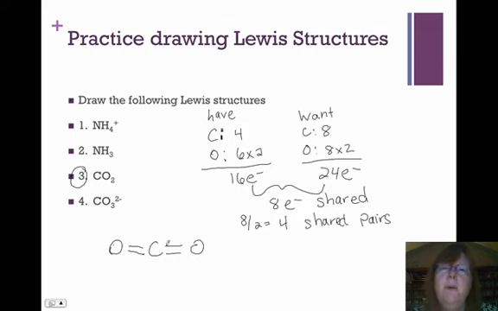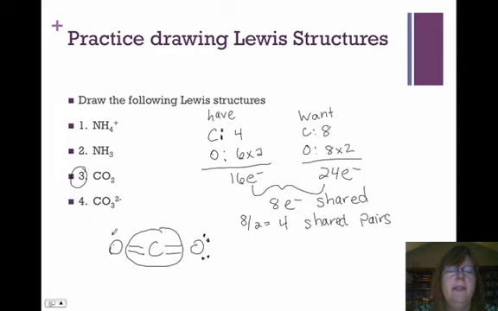We now have 4 shared pairs. Remembering that each of those bonds is 2 electrons, carbon has an octet right now: 2, 4, 6, 8. This oxygen has 4 electrons in its outer shell: 2, 4. So we're going to finish up with lone electron pairs to give it its octet: 2, 4, 6, 8.